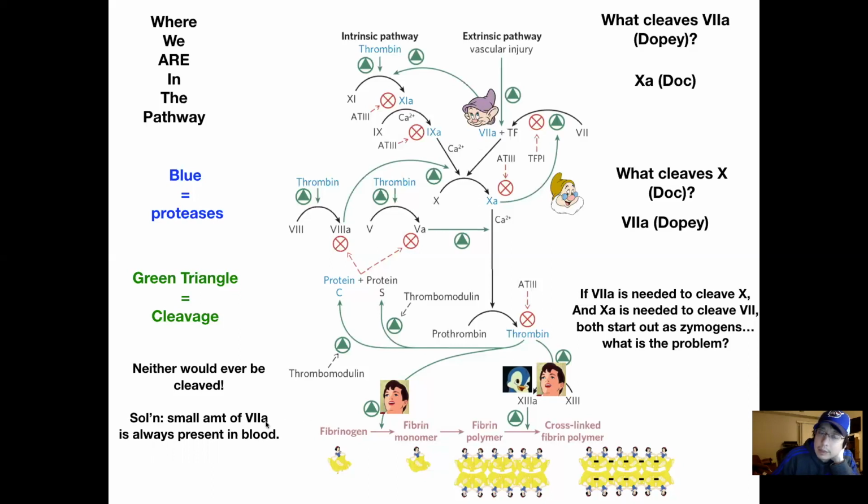Yeah, there's a small amount of it present, but it's not sufficient to just turn the whole thing on, because we also have inhibitors of these proteases. Plus, even if you have a small amount of 7A present in the plasma, it can't function without TF, tissue factor. So it truly will be in response to some sort of biological event.